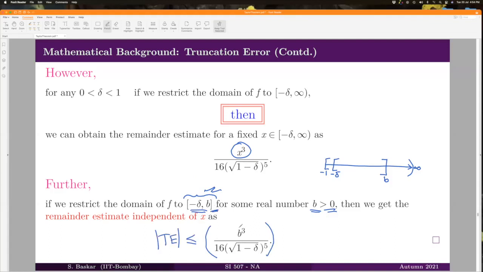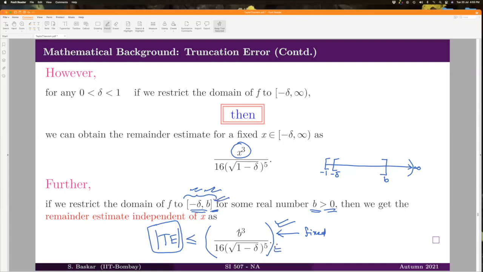Now you can see that as long as you are restricting to this interval where delta and b are known to you, this is a fixed number, right? Therefore, this is an estimate for your truncation error while approximating the function f of x equal to root x plus 1 around the point a equal to 0 by a Taylor polynomial of degree 2 in this interval.